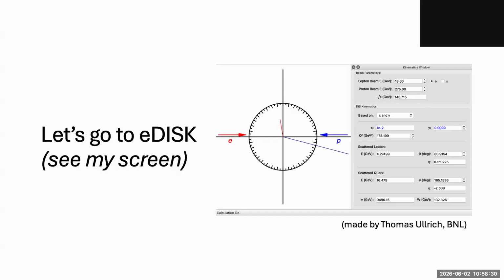So how can you change this slope with a fixed x and Q squared? It is only a variable of y. So how can you change y? The only way you can change it is by going through different energies. So the FL is trying to measure the gluon, sensitive to the gluon density. And the only way to do it, or the popular way of doing it, is by changing your energy.